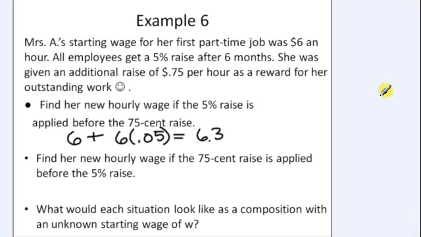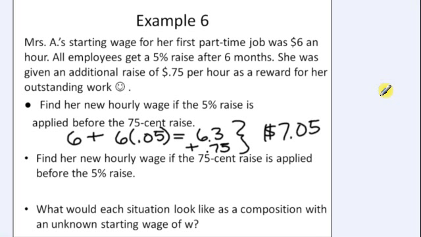Then, after that, a 75-cent raise was applied. So then the $6.30 plus the additional 75 cents would bring me up to $7.05 per hour.